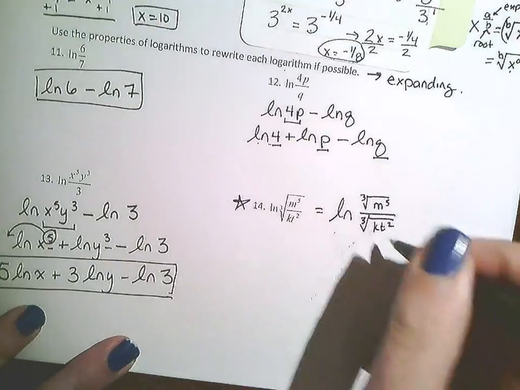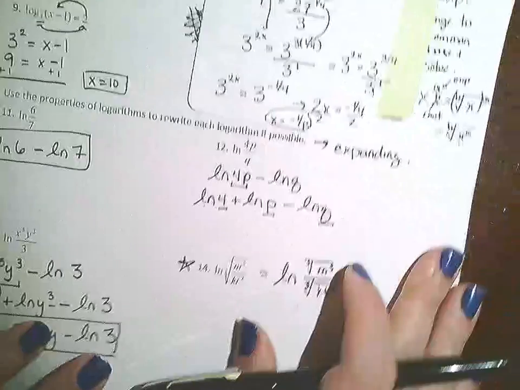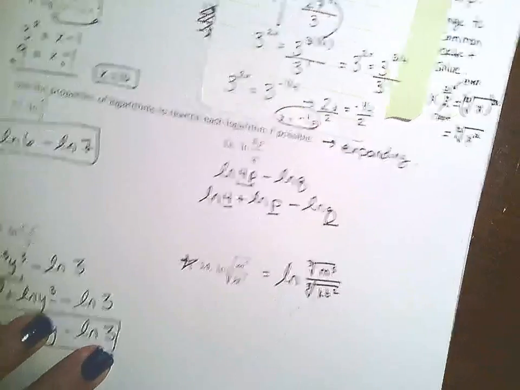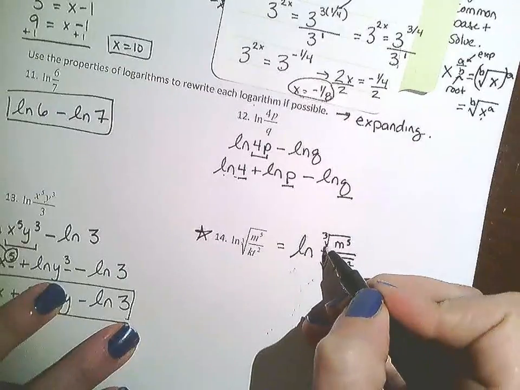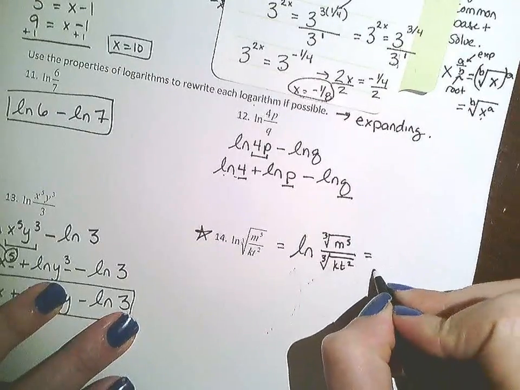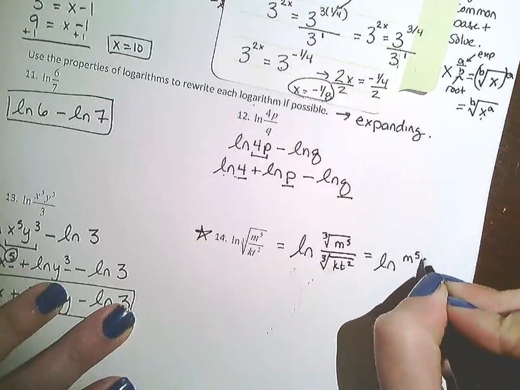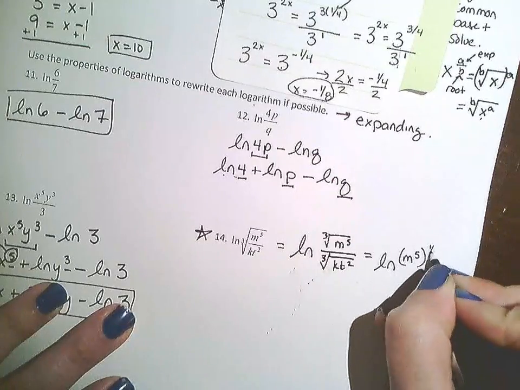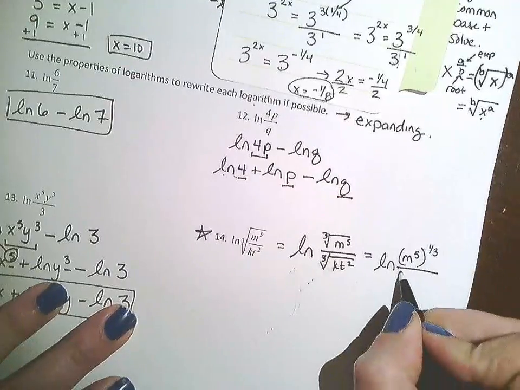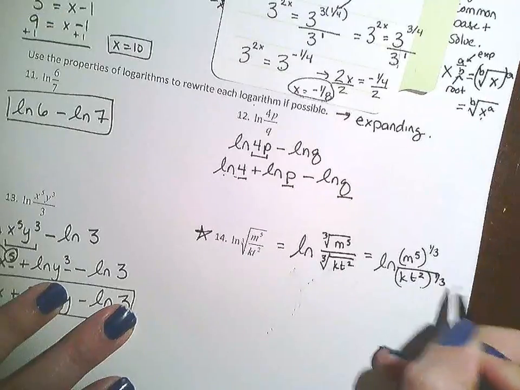Now next up, I need to get to this stuff on the inside. So remember this property that we talked about over here? It applies. I want to turn that radical into an exponent. So this becomes ln m to the 5th raised to the 1/3, and then we have kt squared also raised to the 1/3.